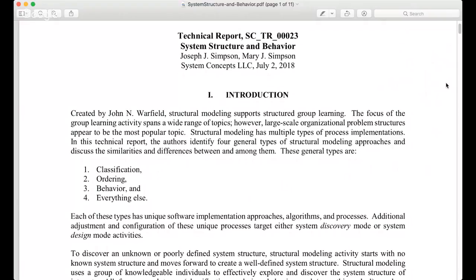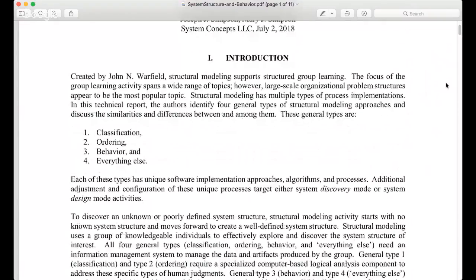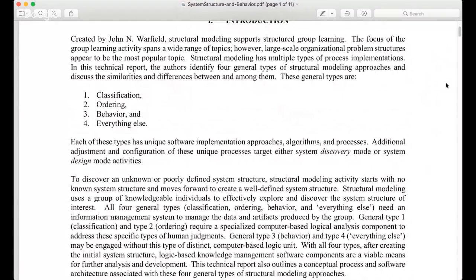And of course, the fourth category, we put everything else, kind of a catch-all, because there are some other areas that we just don't want to go into right now, but later on we may divide and refine areas 3 and 4. And as we're using the software algorithms and processes, we can use them in either the discovery mode or the design mode.